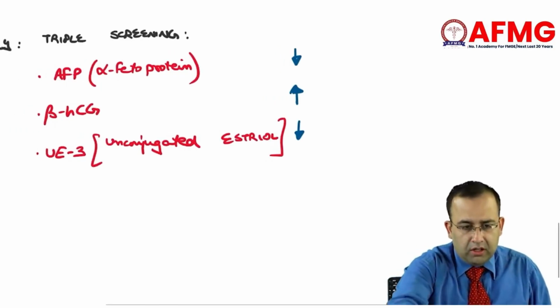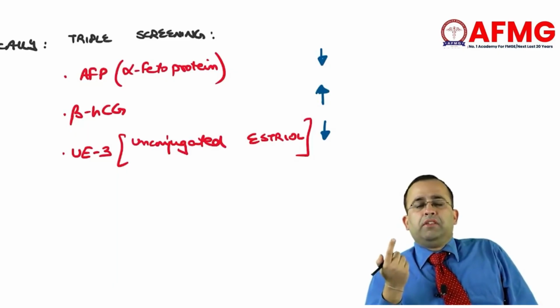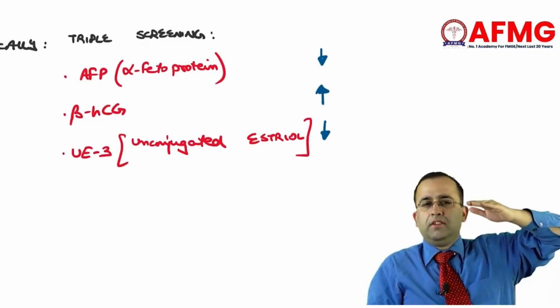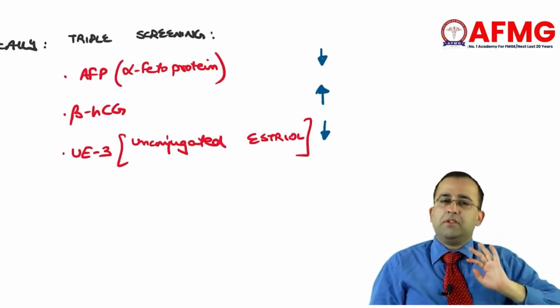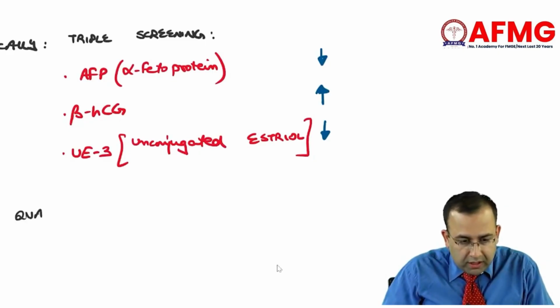Simple funda था बच्चे. HCG as such increases in pregnancy. So Downs में it is markedly elevated. So HCG increases, AFP and unconjugated estriol reduces in Downs. This is triple screening. And next is quadruple screening of Downs.